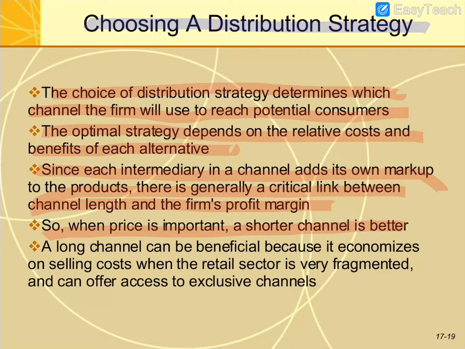That's why we see some goods are cheap from the producer, but when they reach the end user they become expensive because there are too many long channels. From this agent to this agent, then to you, because they already mark up the price.